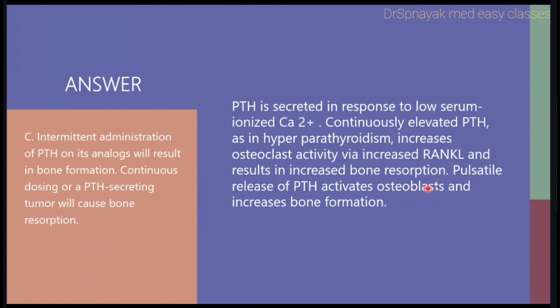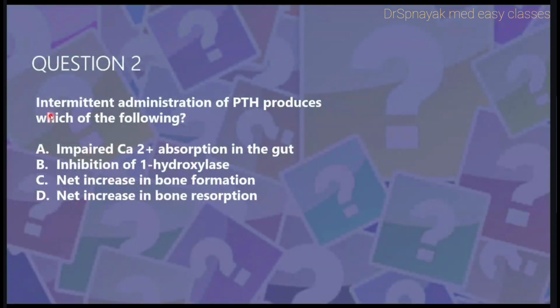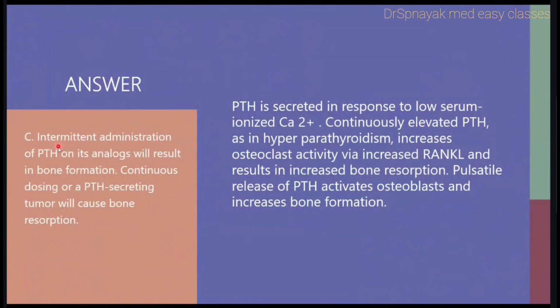But pulsatile or intermittent release of parathyroid hormone activates osteoblasts, and the function of osteoblasts is to increase bone formation. Our question asks about intermittent administration and not continuous or prolonged administration. So the answer would be net increase in bone formation. Intermittent administration of parathyroid hormone or its analogs will result in bone formation.